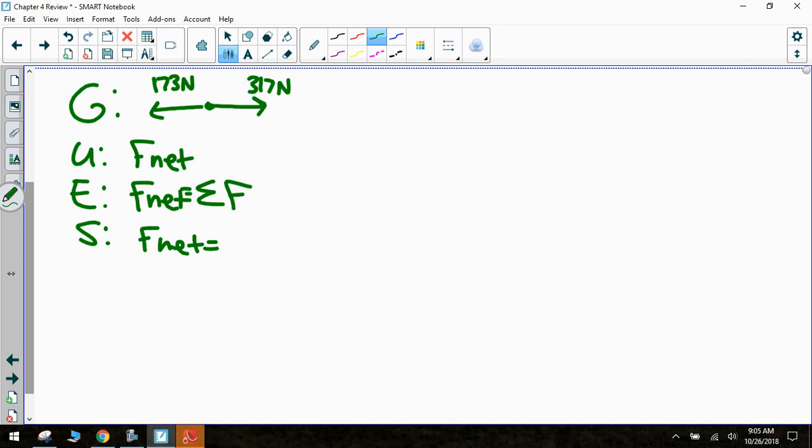So is that positive or negative? Positive. 317. 173 to the left. Positive or negative? It's 144? Yeah. That's believable. 144 units. Newtons, direction, right.